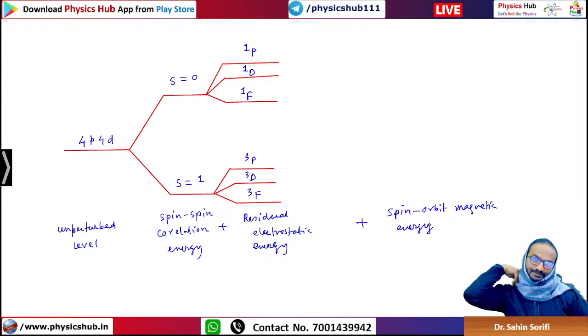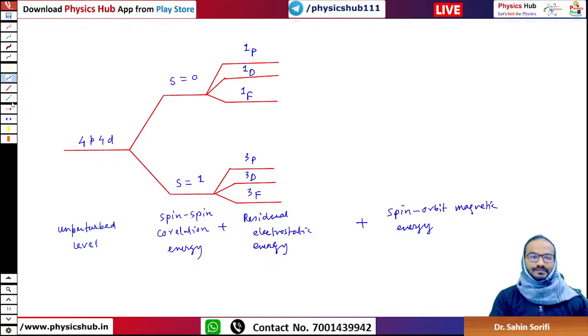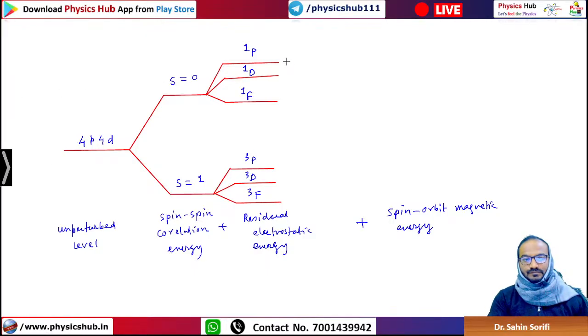From here you will get this one. From this you get 3 things: 1, 2, 3. Here also you get 3 things.